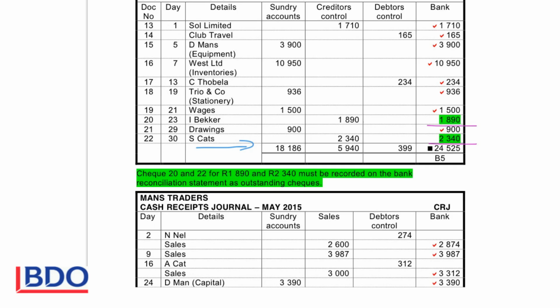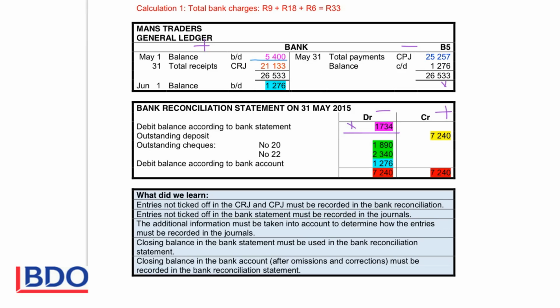When they make this increase in the future, they will put it on the debit side. Therefore, we will show both these amounts on the debit side of the bank reconciliation statement. Outstanding checks number 2021, and we show that those checks must still be paid out by the bank in the future.